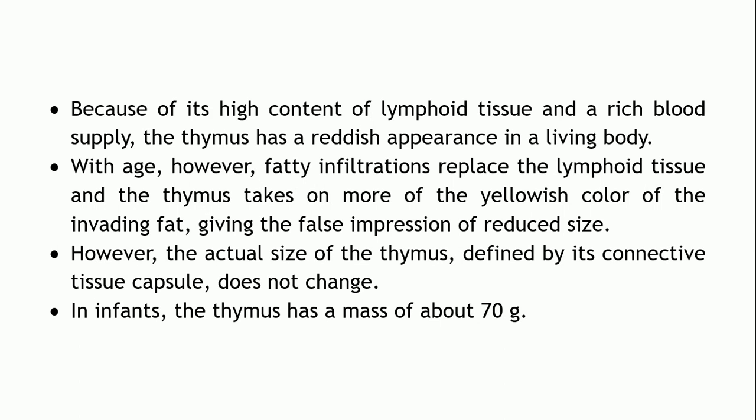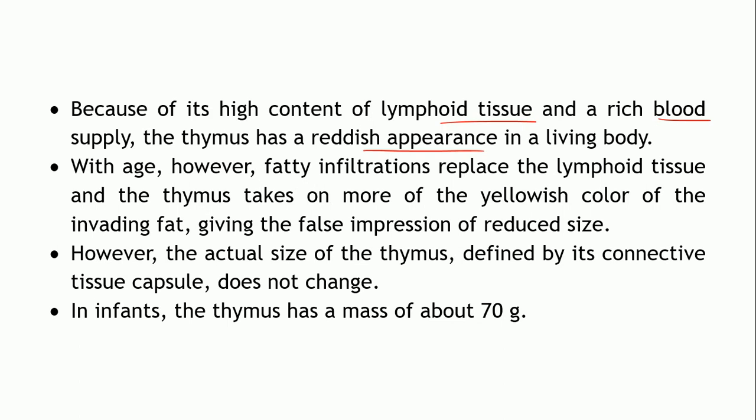So what will happen to the thymus now? We have seen that the thymus comprises of pre-T cells which undergo the process of maturation, but as they undergo maturation, what happens? The T cells are leaving the gland, right? So usually it is reddish in appearance, because of high content of the lymphoid tissue and they are richly supplied by blood.